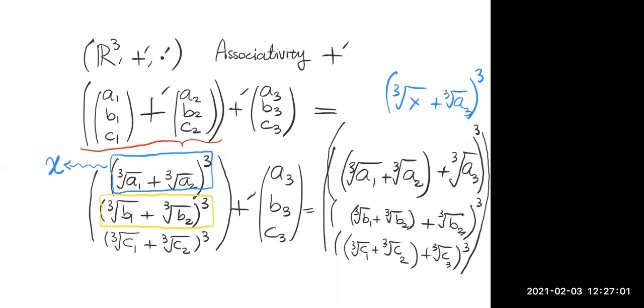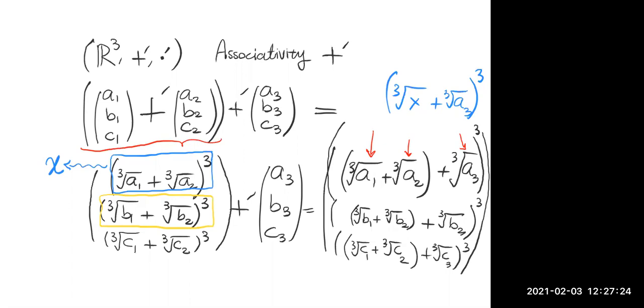First, you see I'm adding, for example, here the third root of A1 to the third root of A2, and then I'm adding the third root of A3. Although here I have parentheses, it really doesn't matter because these are just ordinary real numbers. It's just ordinary addition, which we do every day, right?